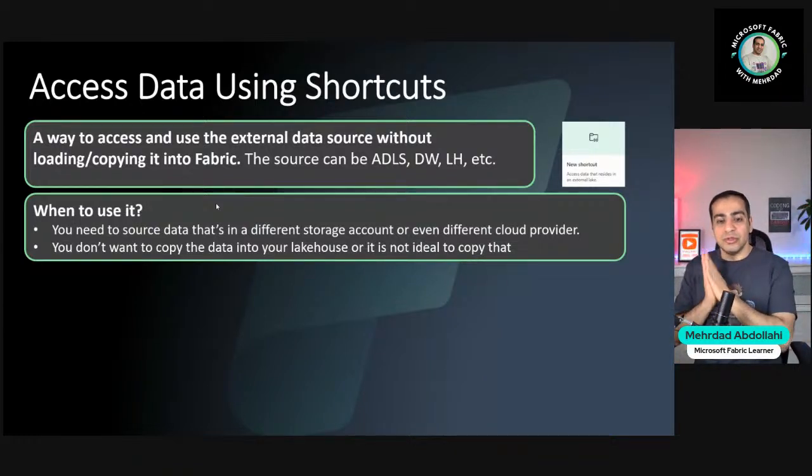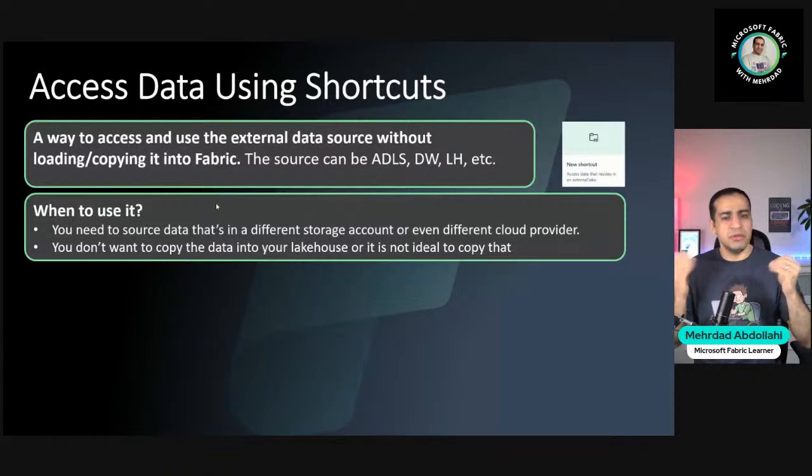When we are going to use a shortcut, as I mentioned, you need the data sourced outside of Fabric, which is sitting in another location, and you don't want to load that, or it is actually difficult to load that data into Fabric. For example, the data keeps changing and you need real-time analysis, right?